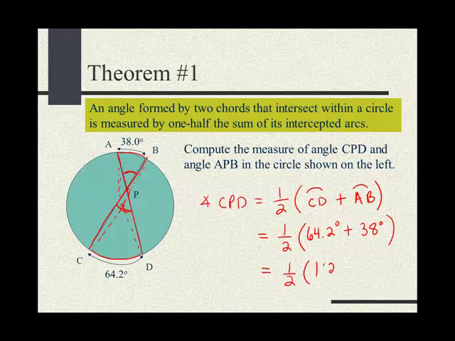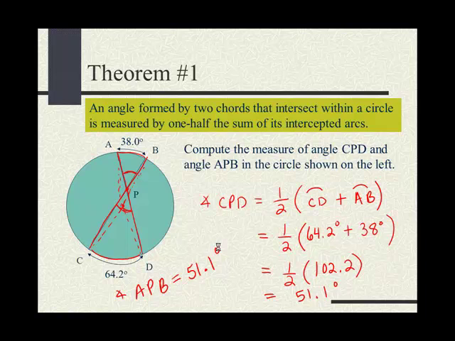So we're going to take half of 102.2 degrees, and half of 102.2 degrees is 51.1 degrees. So angle CPD will be 51.1 degrees. But remember that angle CPD and angle APB are vertical angles, so they must be equal. So we can say that angle APB is also equal to 51.1 degrees.